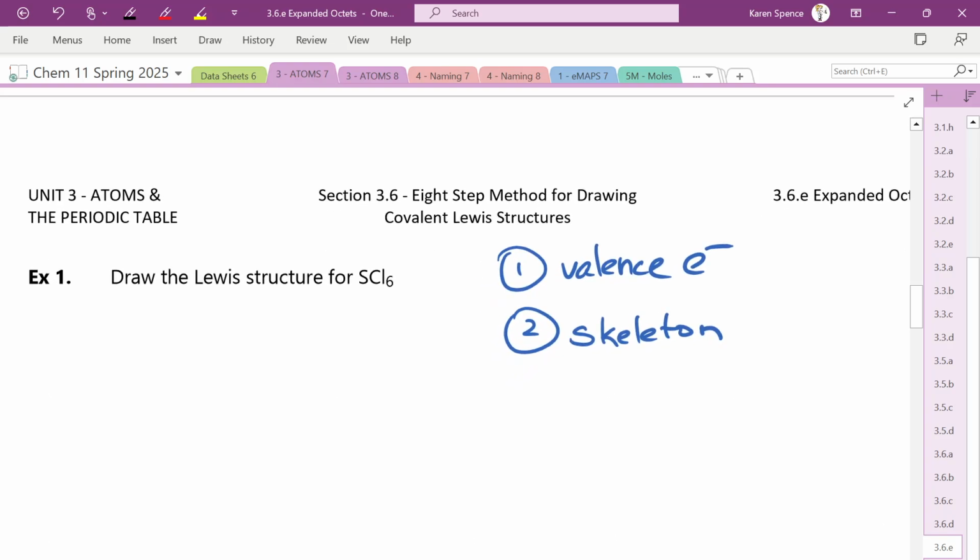Again, you're going to be looking for who is your central atom. Sulfur has 6. Chlorine has 7, and we've got 6 of them. 6 times 7 is 42, plus 6 is 48.